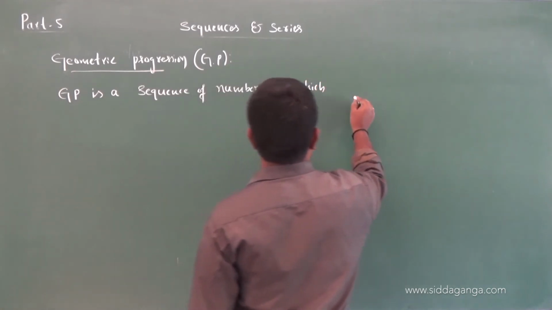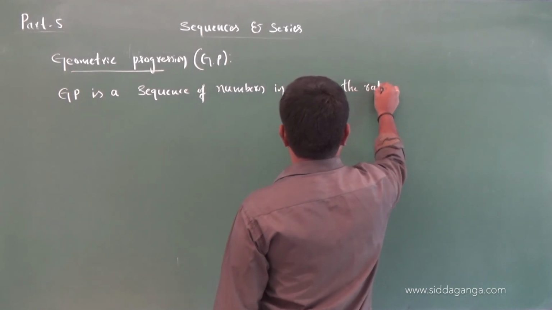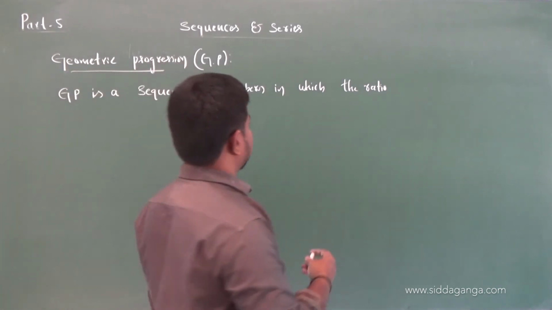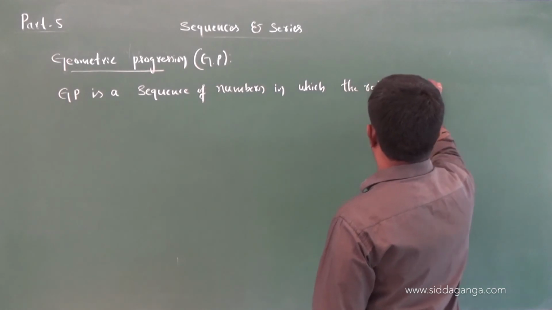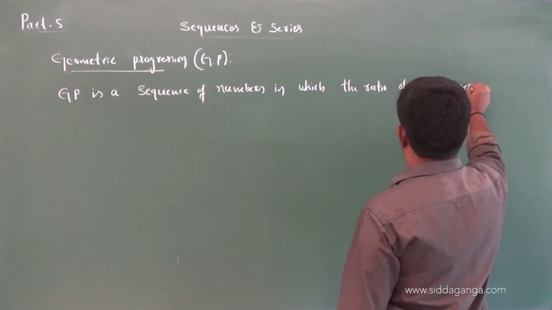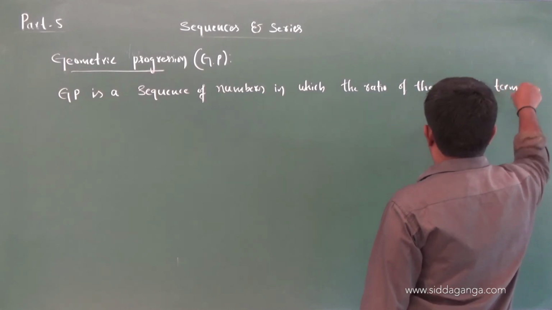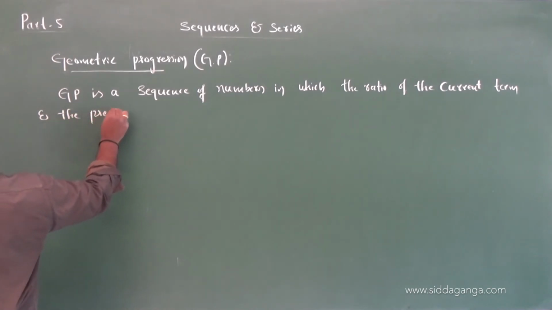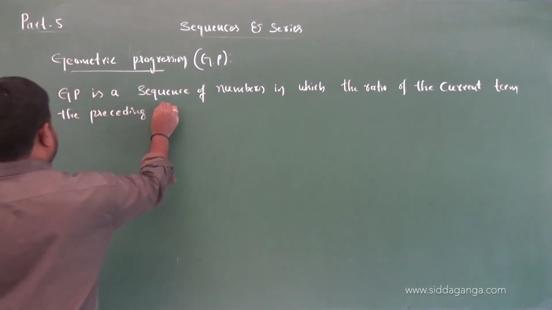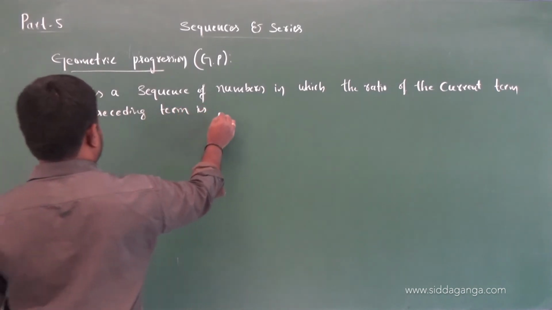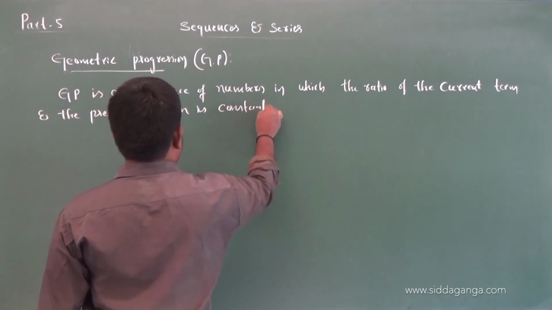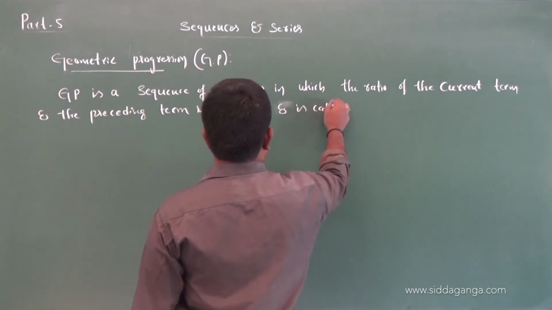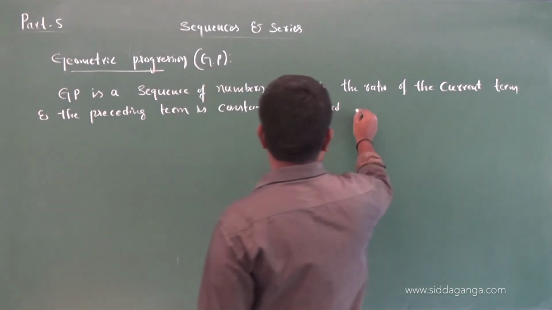Once again, geometric progression is a sequence of numbers in which the ratio, so in case of arithmetic progression we have taken the difference, right? Here the ratio of the current term and the preceding term is constant and is called the common ratio.